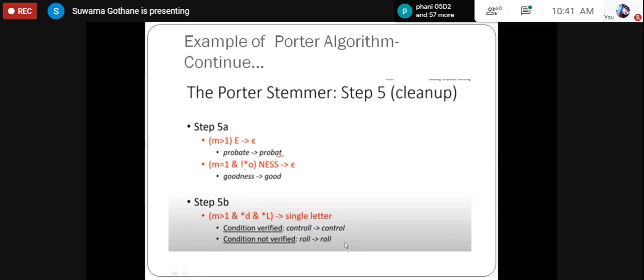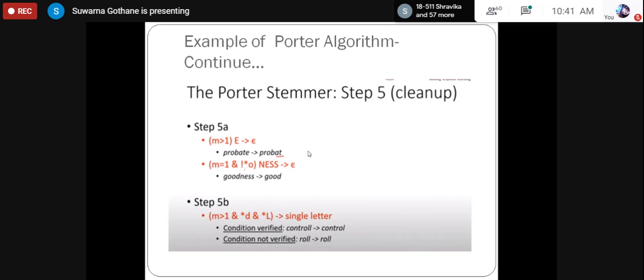Mainly this algorithm is going to increase the recall, but precision is not that much. Time and processing speed are going to improve, and the storage requirement will be less as we are eliminating unnecessary alphabets. So this is called stemming.